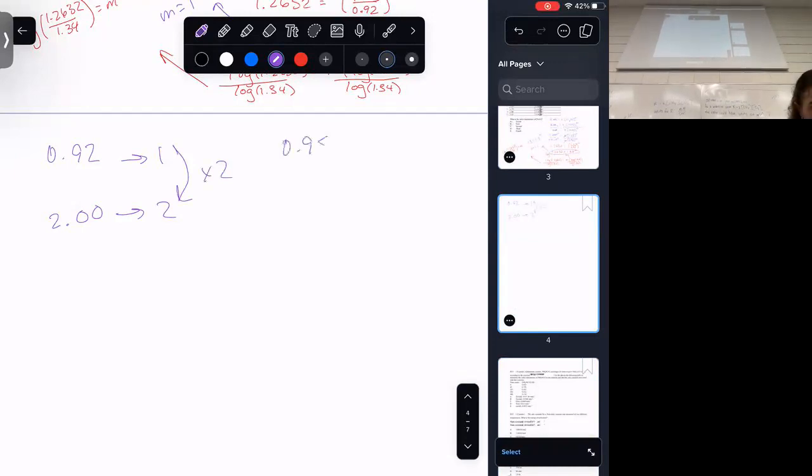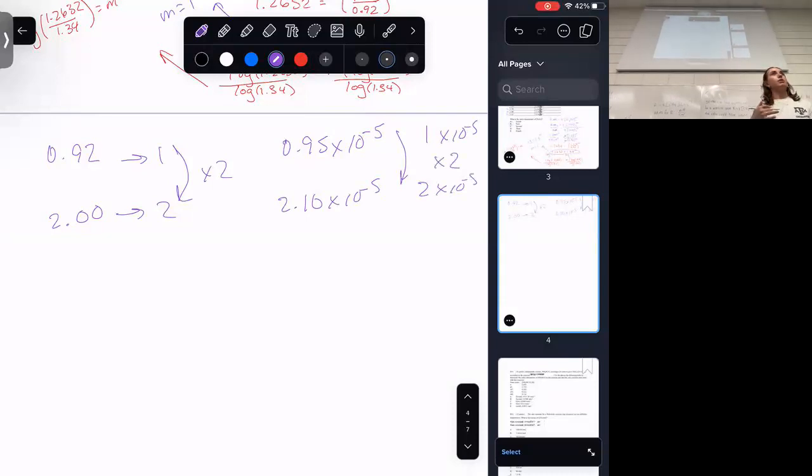We have 0.95 times 10 to the negative 5 and 2.10 times 10 to the negative 5. Again, this is pretty close to 1 times 10 to the negative 5 and 2 times 10 to the negative 5. So we multiplied this by 2. If you increase your concentration by 2 and your rate doubles by 2, what kind of order do you have? You have first order. So then you have to check for both the initial and the concentration. Yep. All right, go ahead.